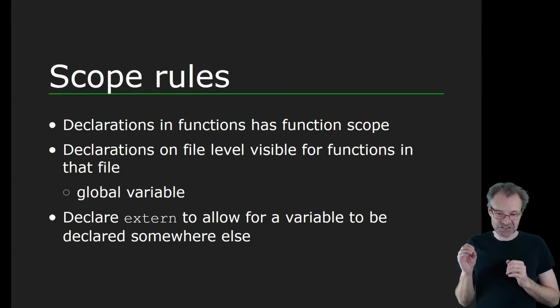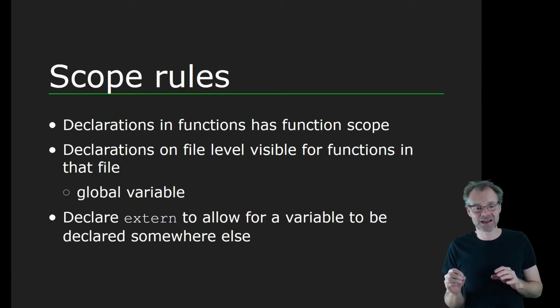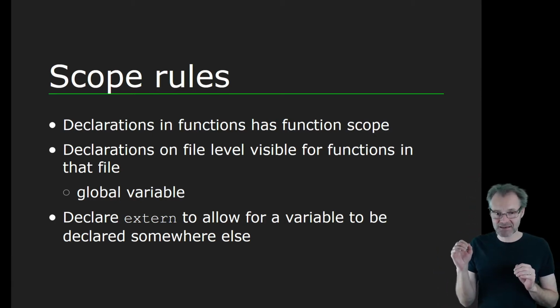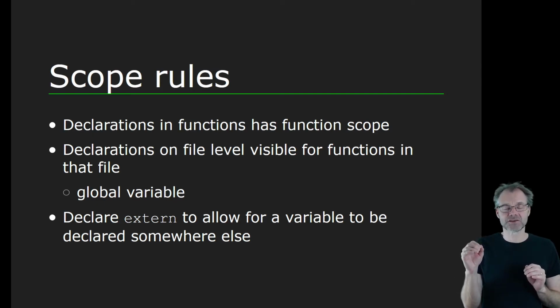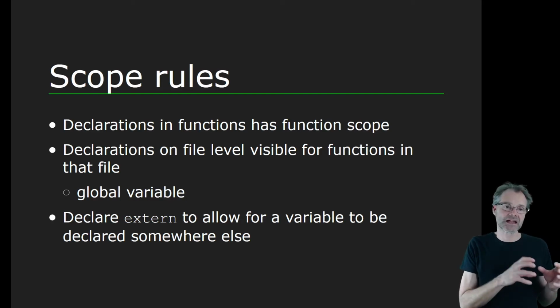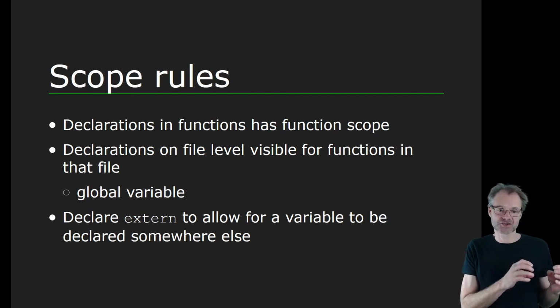And it is not only visible in that file, because if someone else declares that particular variable that you have in your file as extern, then you can be in another file and still say, okay, I know there is a global variable somewhere in some file, I don't care where, but I'm going to declare it as extern here.